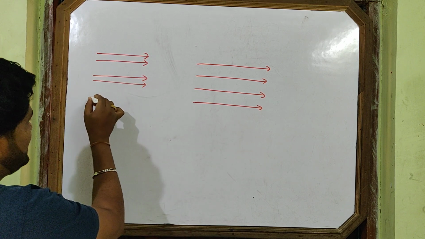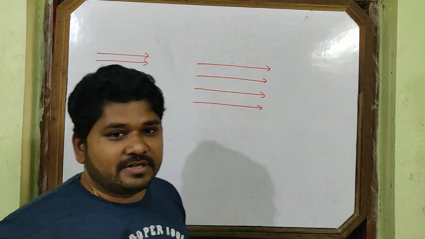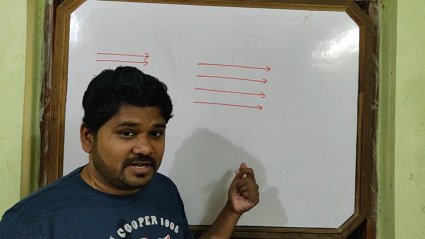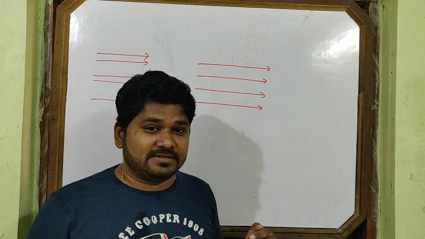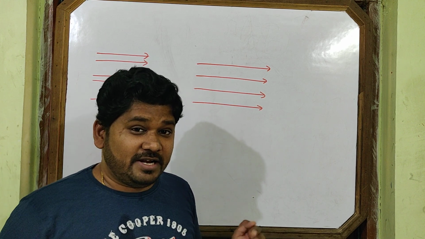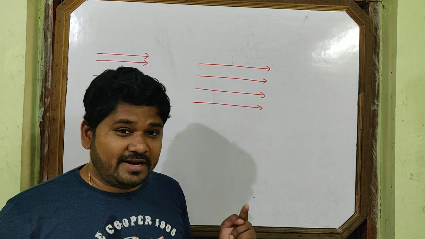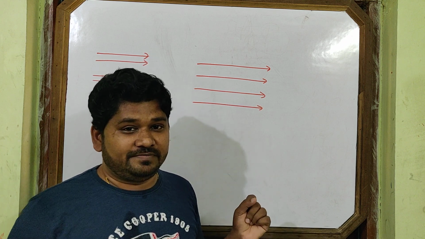Any problem will happen? Why is it equidistant? Because I have told you one property of electric field lines. You just recall that one. The region where electric field lines are crowded, intensity is more.